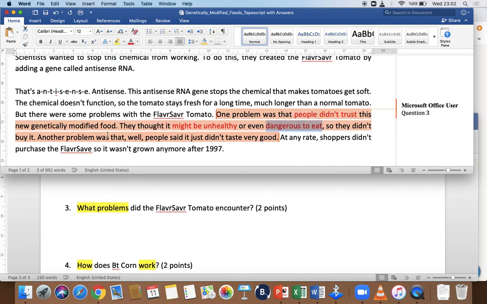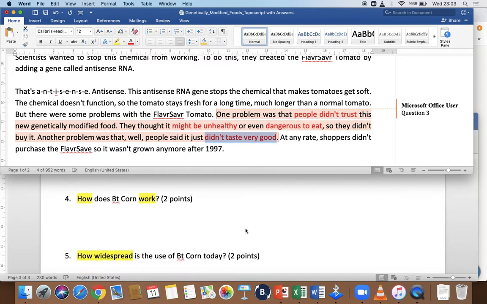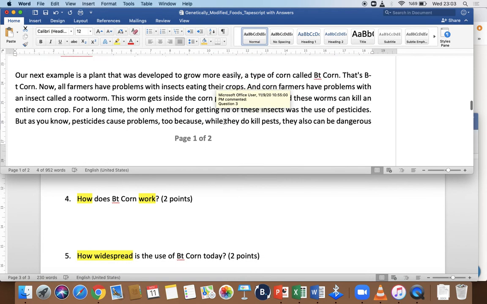They didn't buy it. Another problem was that people said it didn't taste very good. Okay, so as you see, there are three problems actually. People didn't trust, might be unhealthy or dangerous to eat, and didn't taste very good. These are the problems.